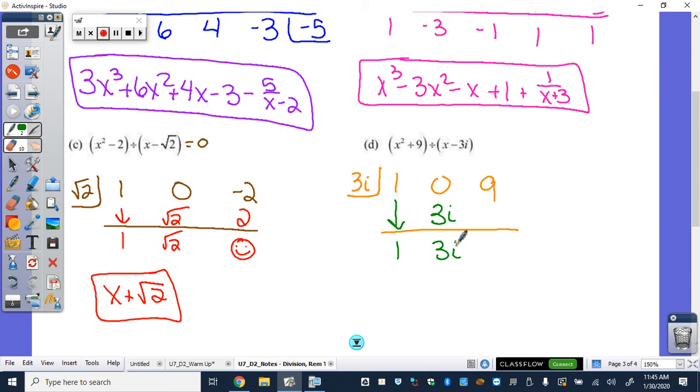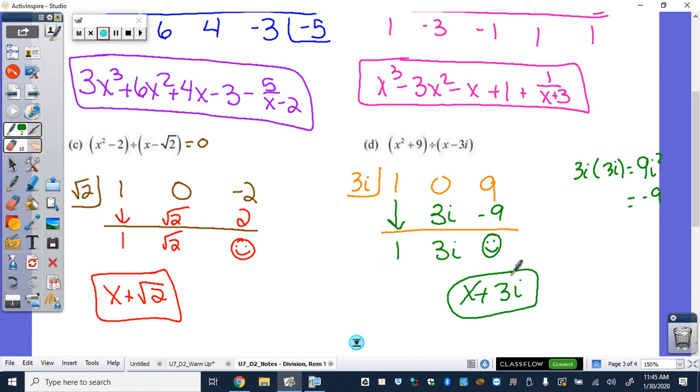And then I add that to 0, so I still get 3i. Over on the side, if you need to, 3i times 3i, what does that equal? Negative 9, because remember, it's 9i squared. i squared equals negative 1, so that means it's really a negative 9. So it ends up being 0. So x plus 3i.